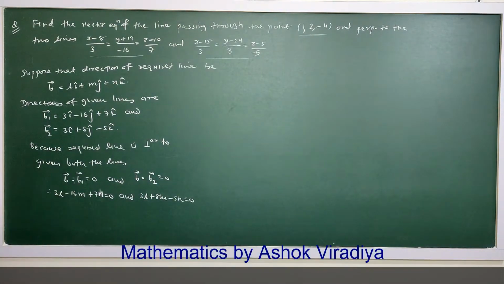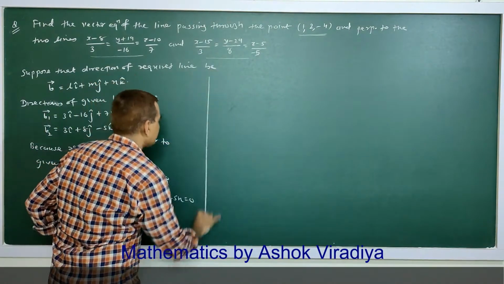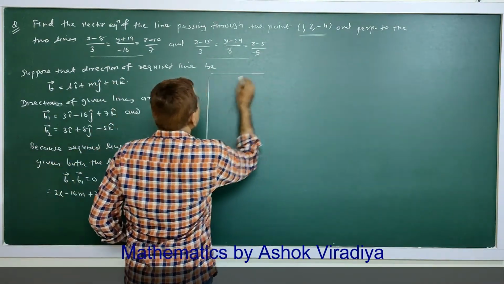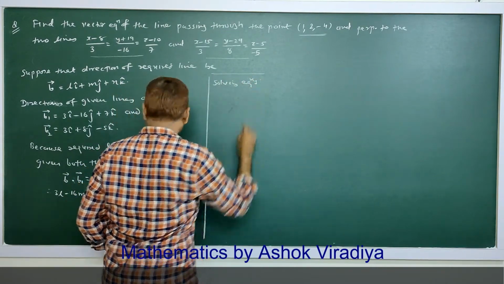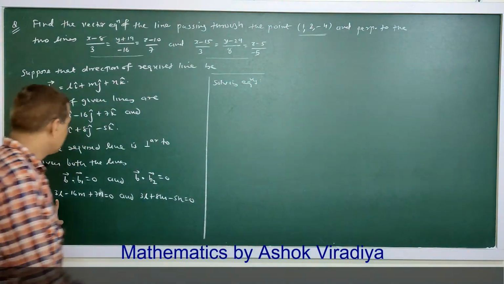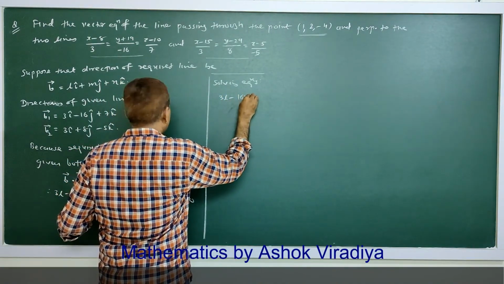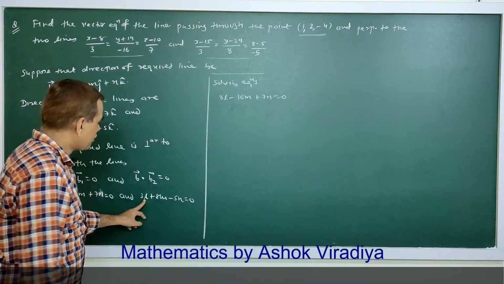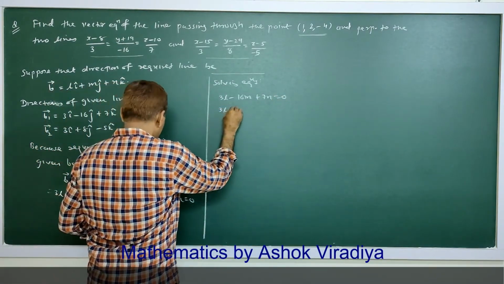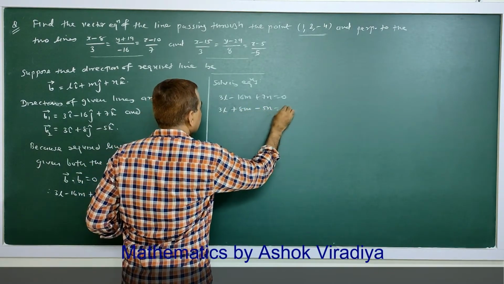Now we solve these two equations. So solving these equations, this equation is 3L minus 16m plus 7n is 0. This equation is 3L plus 8m minus 5n is 0.